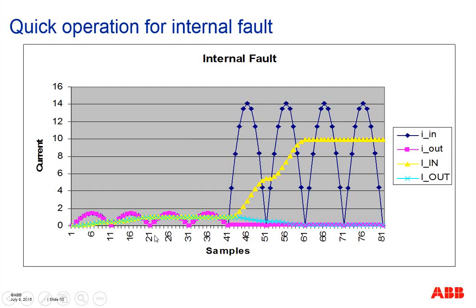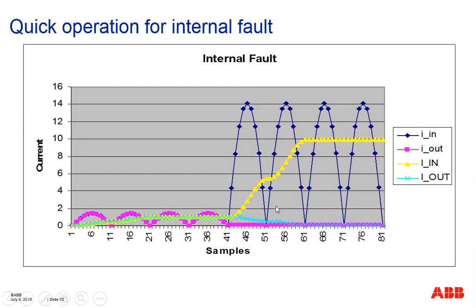As you can see, during normal operating loading situation, you have a very stable low current value. But once you have an internal fault, both inputs start to jump high, and then the output starts to decrease.